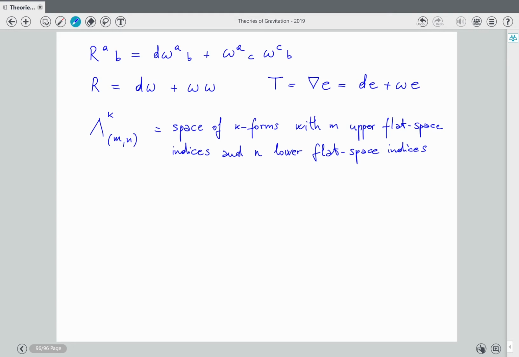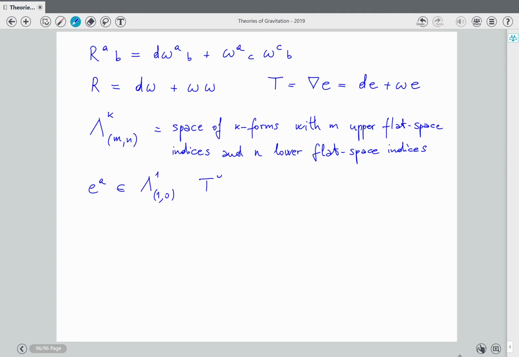So let's see which spaces the basic objects we have defined so far belong to. So for example, EA. EA are differential forms, and they have one upper index.